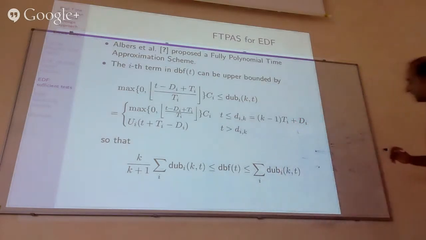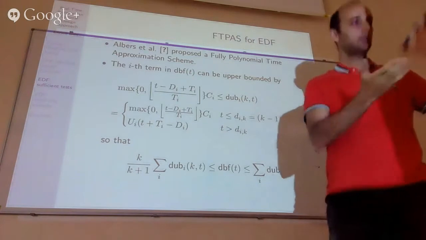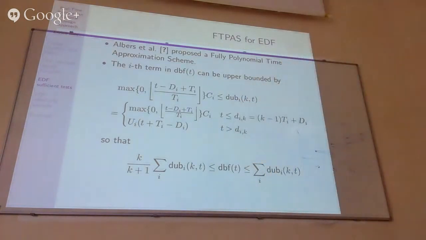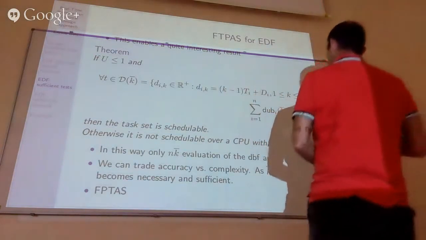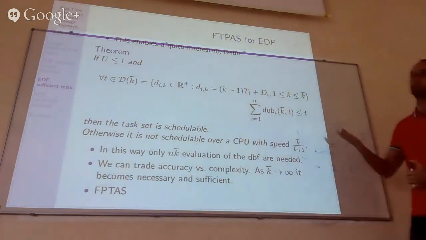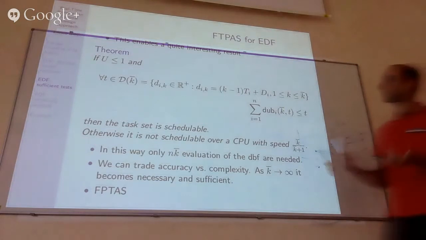So if you multiply the upper bound by that term, the result of the multiplication is below the DBF. This upper and lower bound condition allows us to assert a quite interesting result, which is as follows.